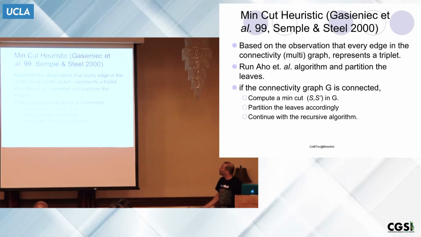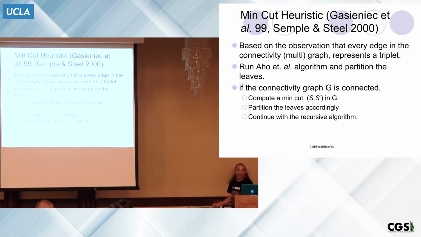And indeed, this solution was suggested by 2 groups in parallel. These are European algorithmic guys, and some of these names are probably from New Zealand. Based on the observation that I just described, every edge in the connectivity graph represents a triplet.